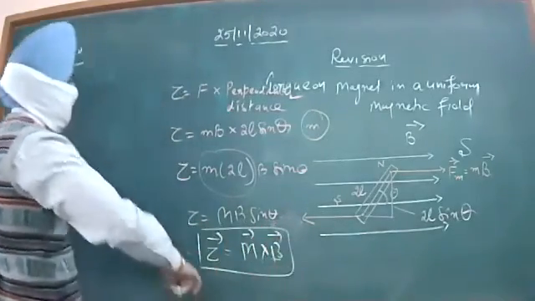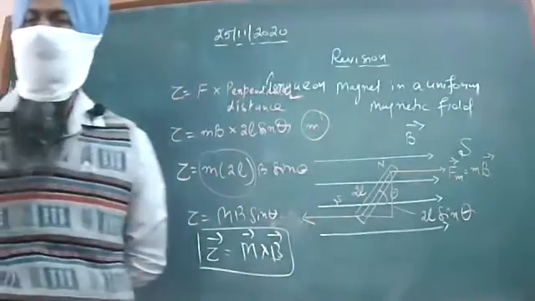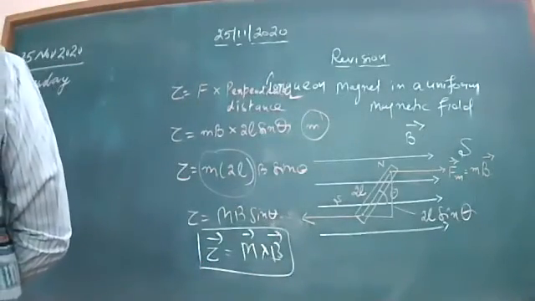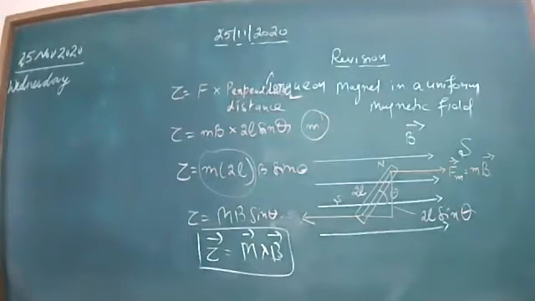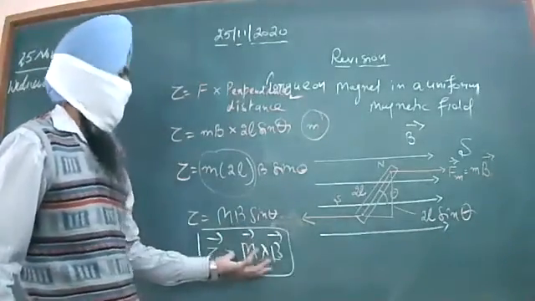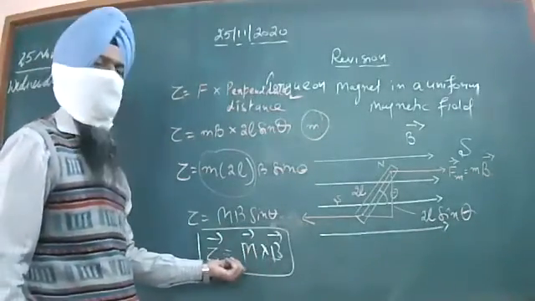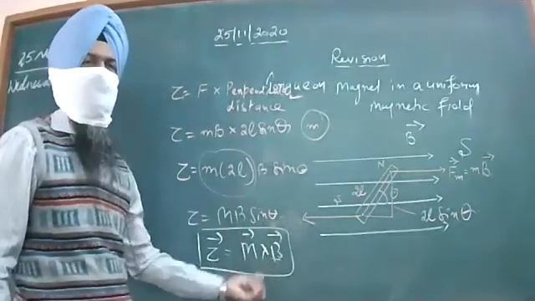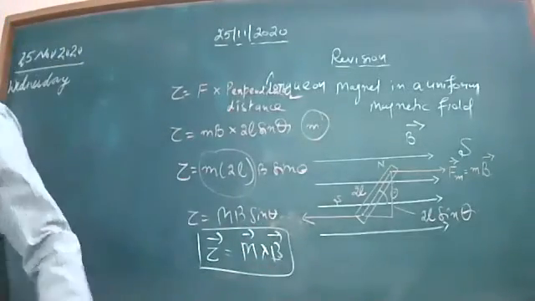So this is the torque acting on the bar magnet when it is placed in the uniform magnetic field B. And I'm quite hopeful that we can manage the direction of this torque, because it will be given by the cross product of the two vectors, that is M vector as well as B vector.